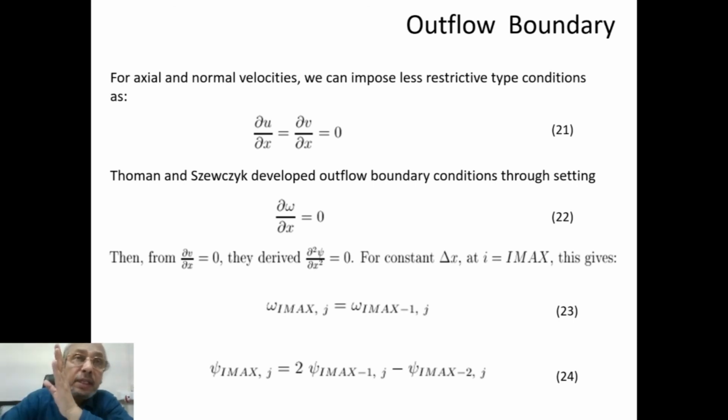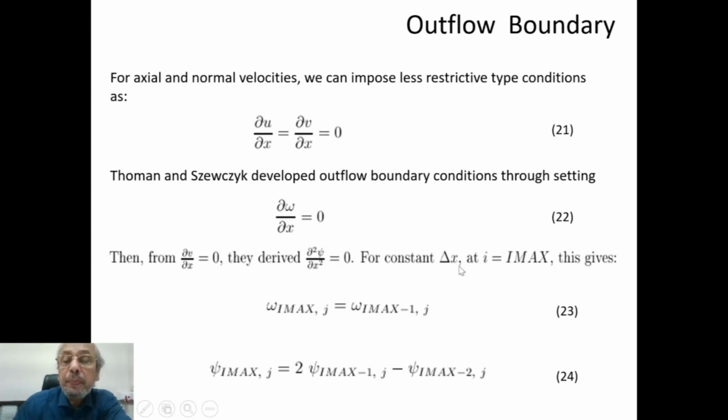So exit boundary condition is needed. Some value has to be given, but the value will pose least disturbance to the interior flow field. Then from del v del x equal to 0, they derive del 2 psi del x2 equal to 0.